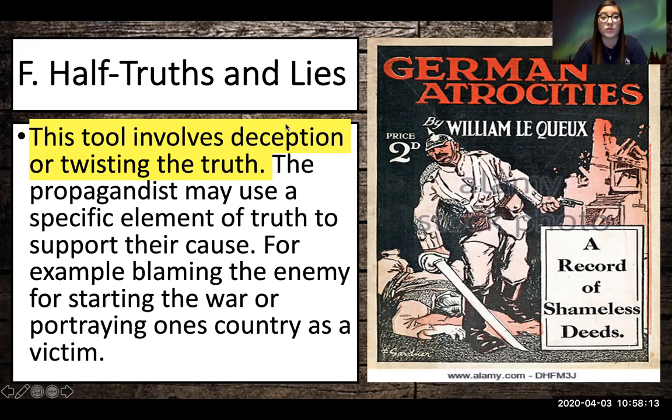If you portray, in this instance, the German soldiers, it's their fault that the war started, and look at what they're doing to the Americans. This is not true. The Germans did not start the war. But if people are seeing these posters all over, they're going to start to believe this. They're going to see who these propagandists want the civilians to see as the enemy.